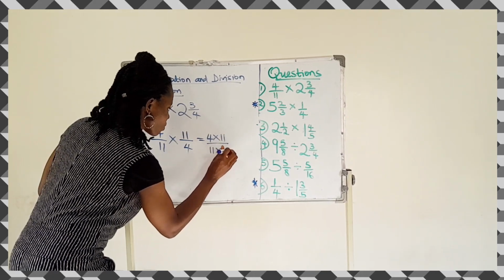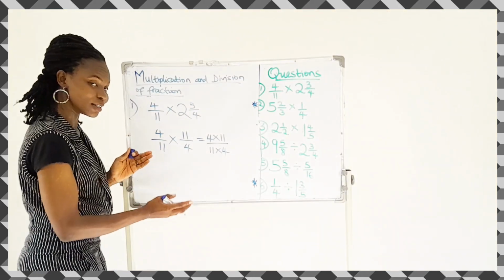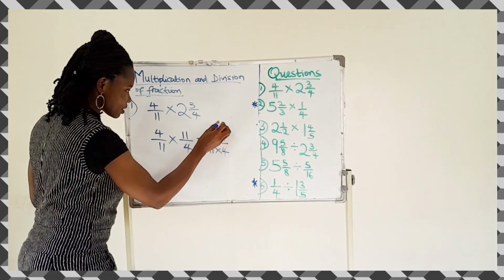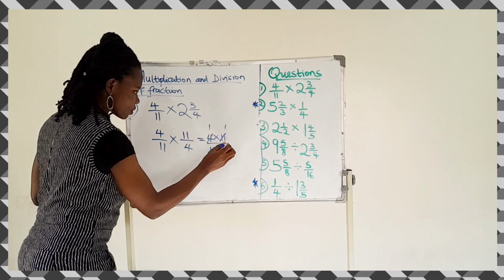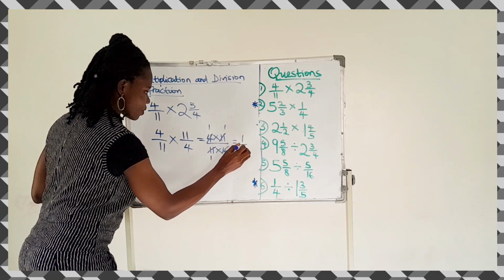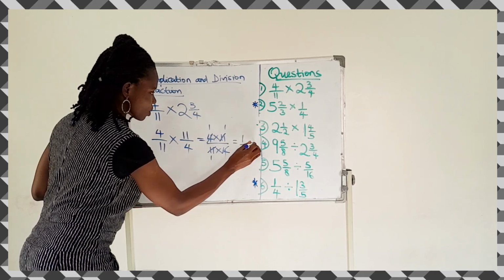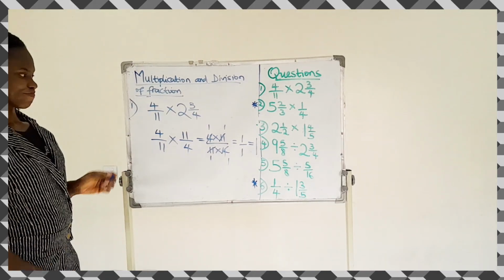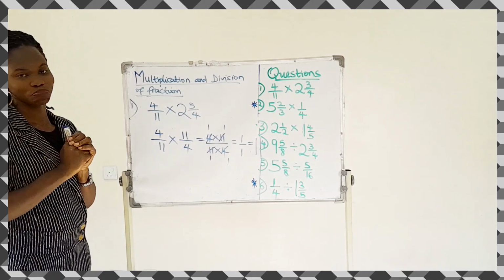Is there anything in the numerator that can divide the denominator? Yes, 11 divides itself for 1, 4 divides itself for 1. So we have 1 over 1, that is 1 times 1, 1. And 1 over 1 is equal to 1. So the answer to number 1 is 1.